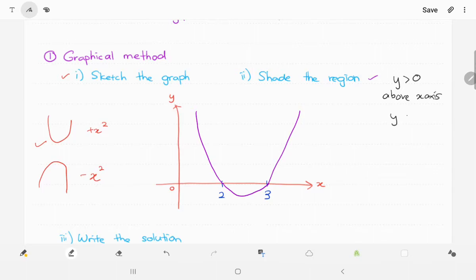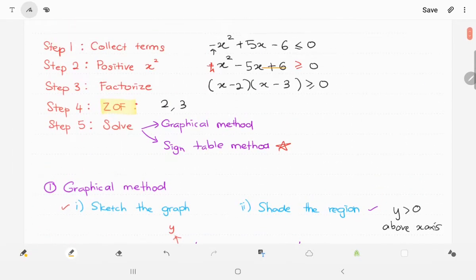If you have y less than 0, then you will shade below the x-axis. So where does this y come from? Okay, y is actually the same thing as our quadratic function in step 2.